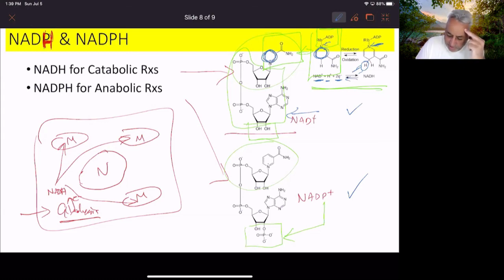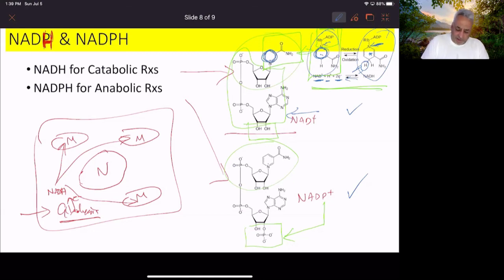So this side has more electrons than this side. So this side, the molecule has more electrons, so it's being reduced. Reduction is gain. So this is the reduced form of NAD, and this is the oxidized form. So now you're applying your understanding of redox reactions to these.